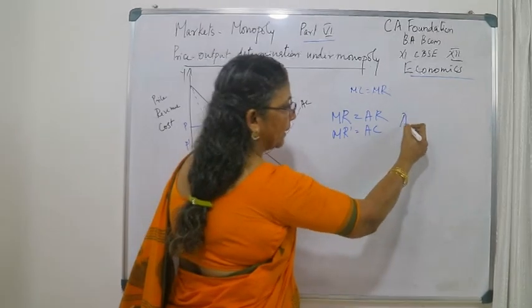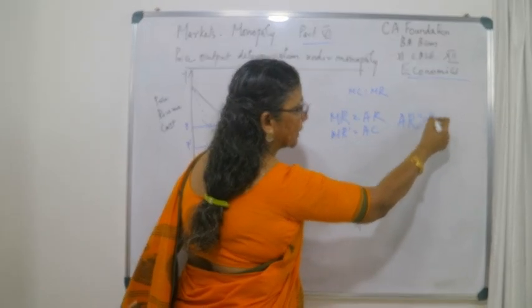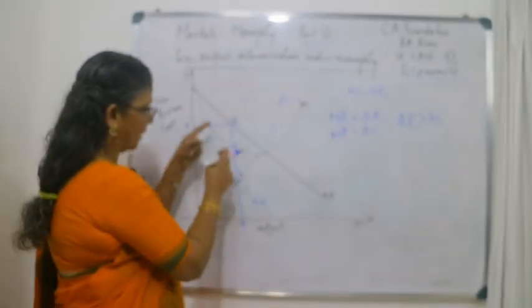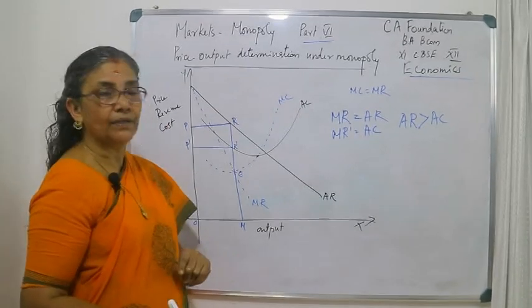Here average revenue is greater than average cost.